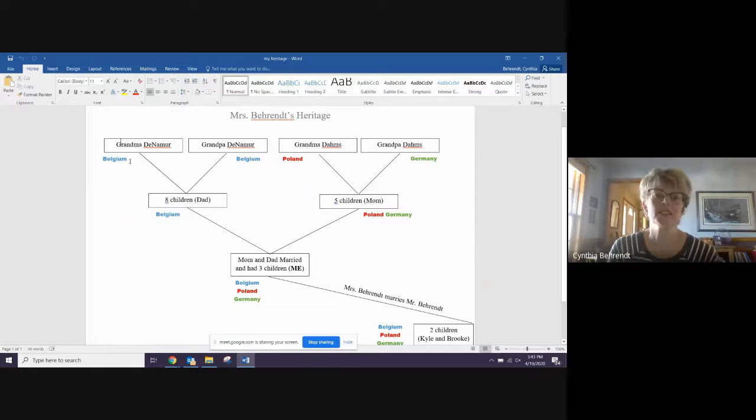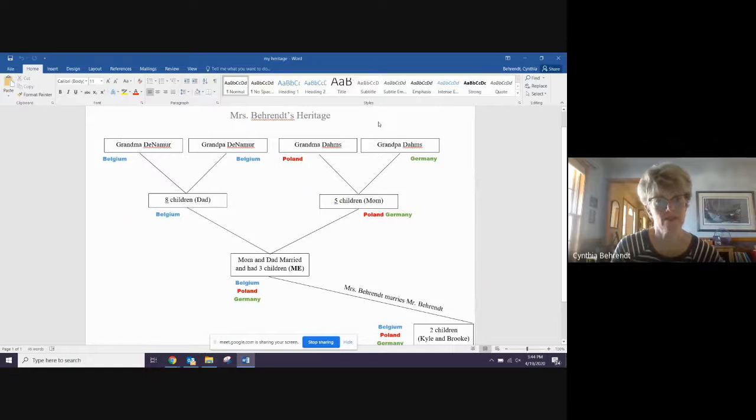That means their ancestors both came from Belgium. When they got married, they had 8 children. My dad was one of those 8 children.